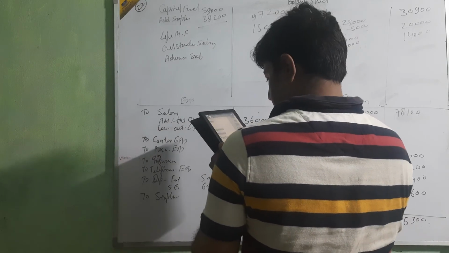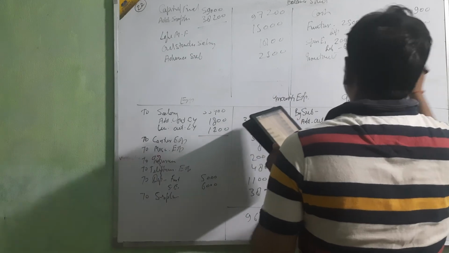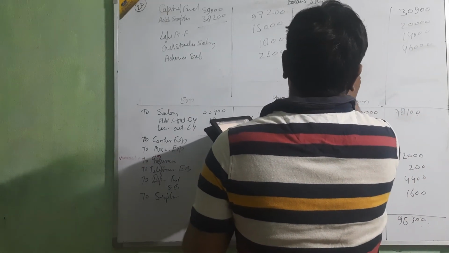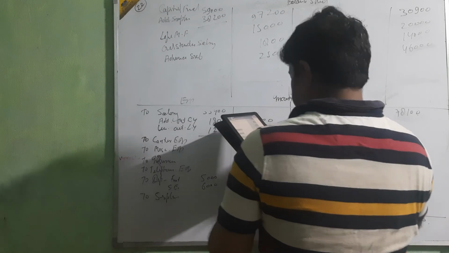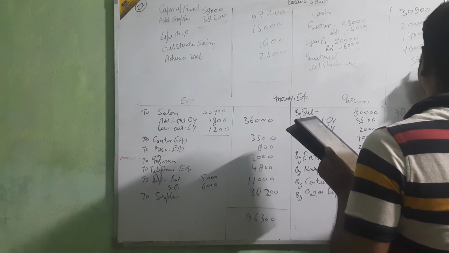Investment, and investment amount is 46,000. Outstanding subscription current year 5,600.